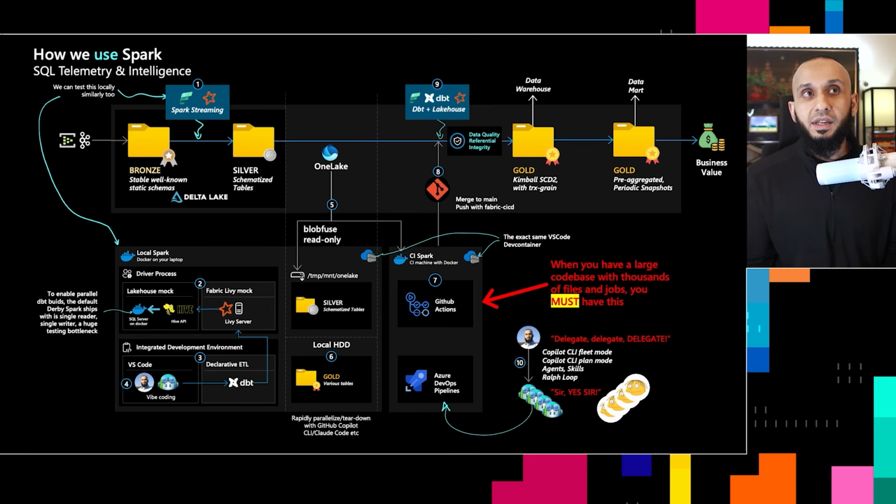Essentially, I've got a Livy server, I've got Fabric Spark, I've got the Hive API, I have my Copilot CLI, and I can use either regular Spark code, so either PySpark or Scala, or I can use a tool like DBT, Data Build Tool, which is gaining a lot of traction in the industry, in order to do my data transformations.